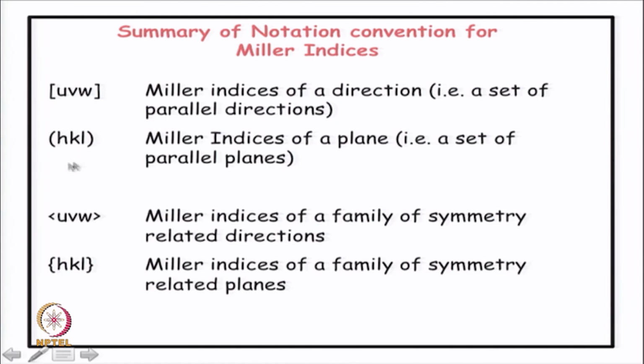For the Miller index of a single plane we had HKL in a round bracket. If we talk of a symmetry related family of directions, then we use angular brackets, and for a symmetry related family of planes, we use curly brackets. So, with this we end the discussion of Miller indices.